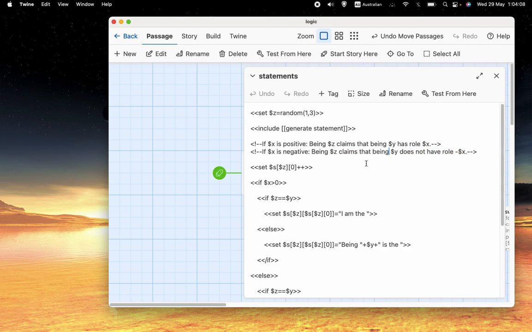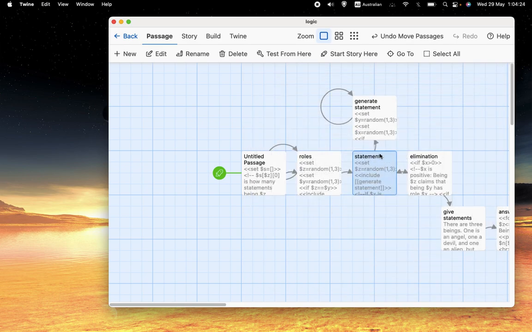Does not have role 2. So that's mostly dealt with in the page generate statement. So let's go to that, and then when we finish with that, we'll come back and deal with the rest of this page, which is fairly straightforward.